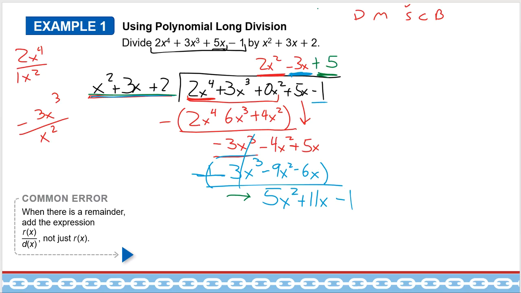And we go with multiplication. 5 times x squared, 5 times 3x, and 5 times 2. And we subtract. These are going to cancel. 11x minus 15x would be minus 4x.